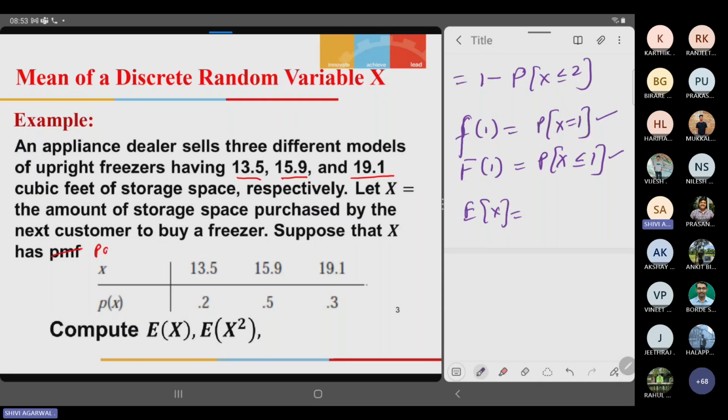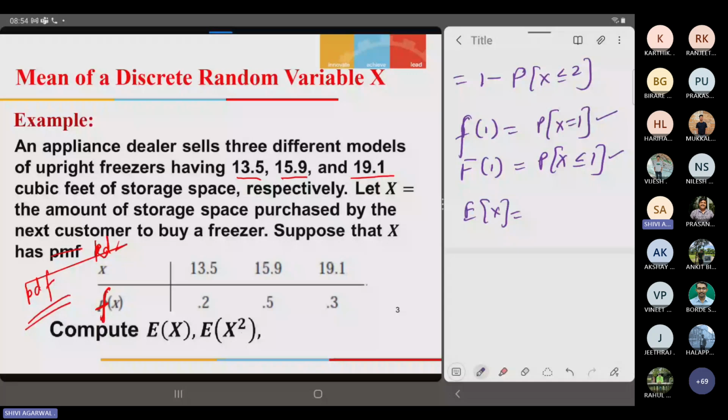This is the PDF, probability density function, which we can write as small fx. That is also defined by small px in some reference books, or in your book also. So don't be confused, small fx and small px are the same.